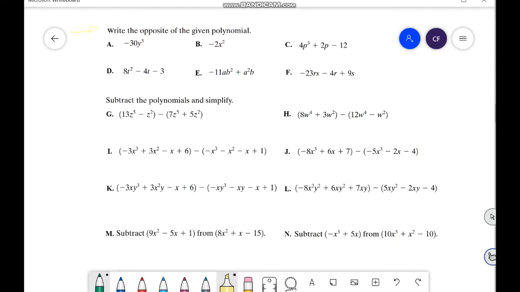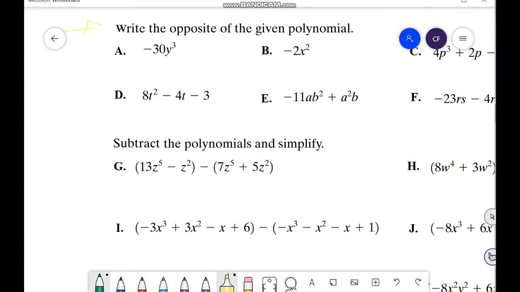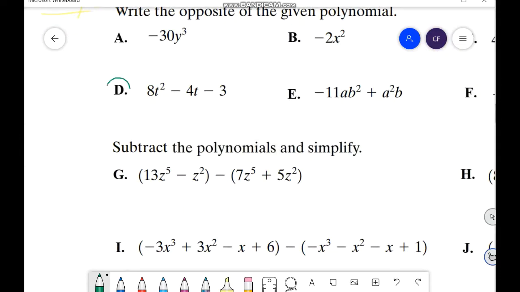Okay, we have two parts. In the first one, you have to write the opposite of the given polynomial. And in the second part, subtract the polynomials and simplify. Let's check how to work on the first part. The first part is very, very simple. Let's work letter D. You just take the polynomial and find the opposite, so change the sign of each term.